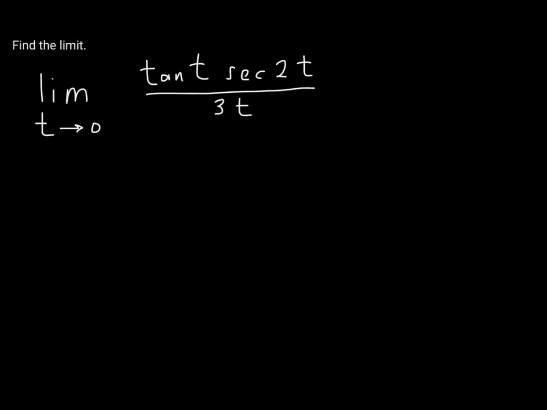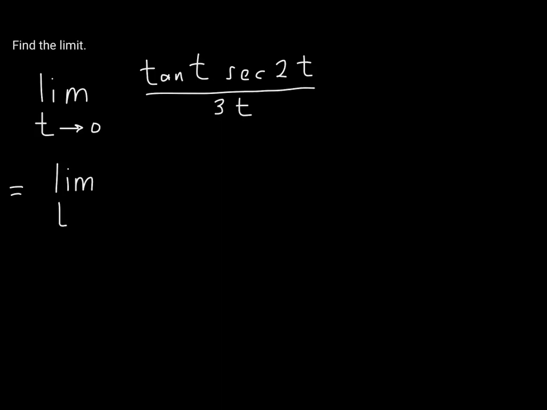All right. Let's make this example the last one. So we want to find this limit. All right, folks. The limit of tan t secant 2t all over 3t as t goes to 0. So what I would like to do is rewrite this expression. So let's consider this.